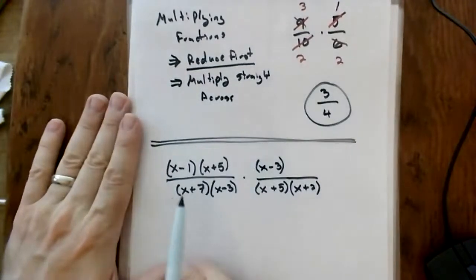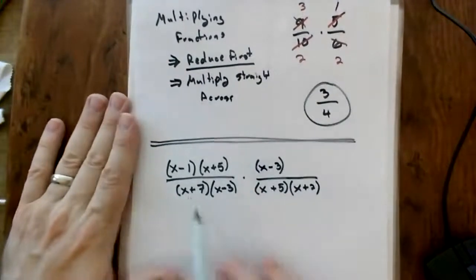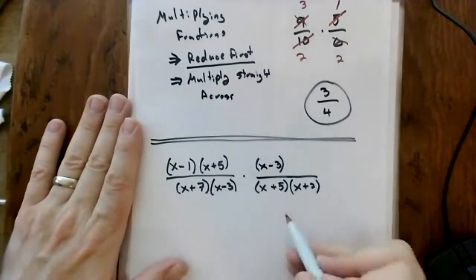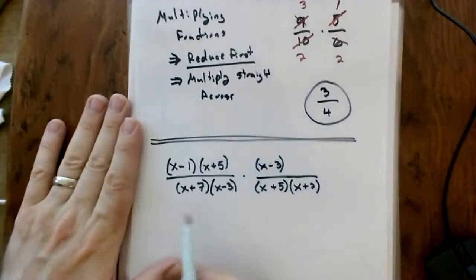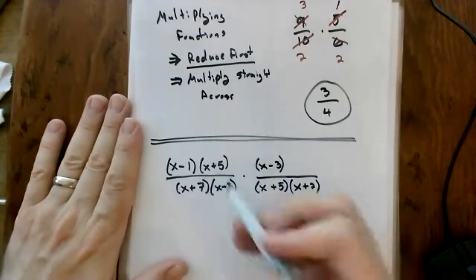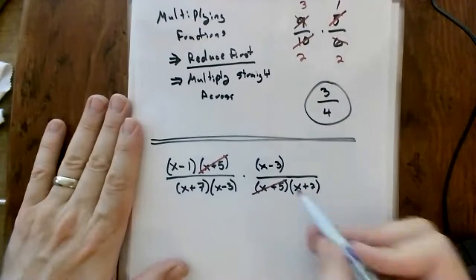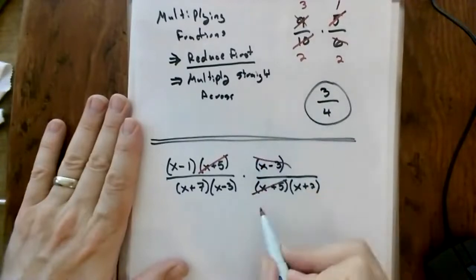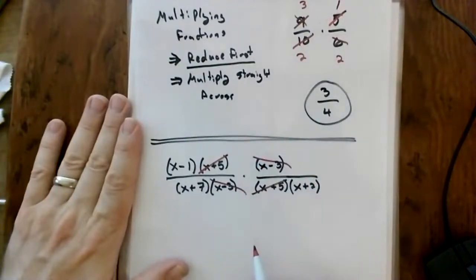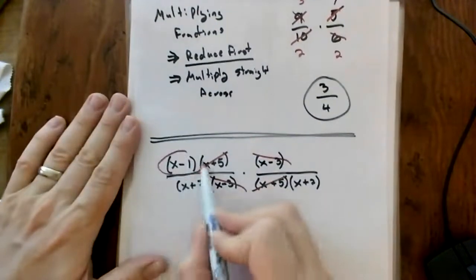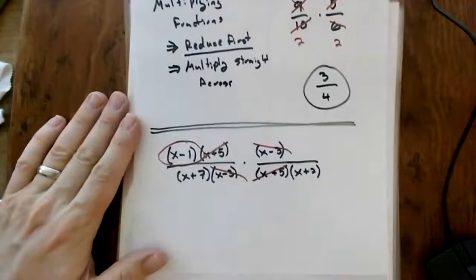Now, I could just multiply straight across, and that could get very messy very quickly. Instead, I'm going to look for whatever I have in common first. I see an x plus 5 on top and an x plus 5 on the bottom. I also have this x minus 3 on the top and an x minus 3 on the bottom. So my only remaining factor on the top is that x minus 1.